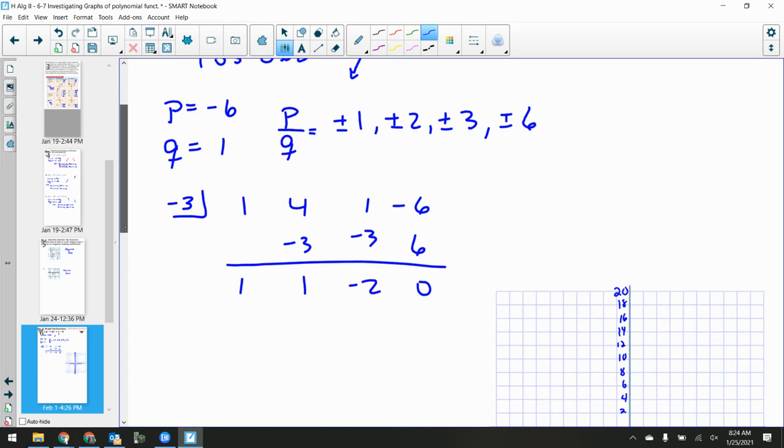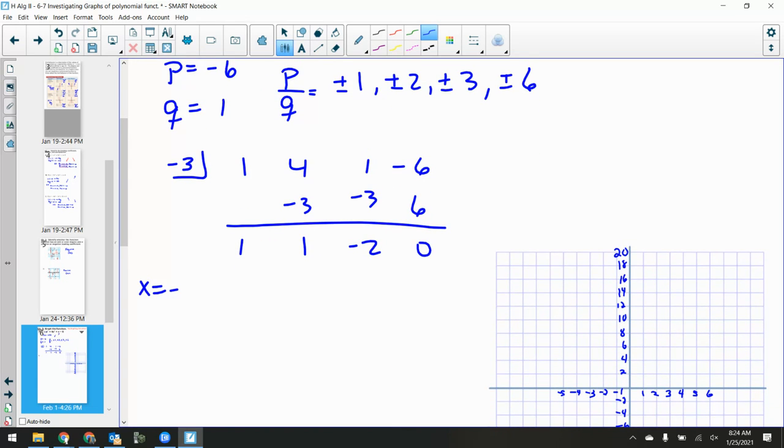So that gives me an x is equal to -3 for one of the roots. And then I've got x squared plus x minus 2. And the nice thing is that factors. x plus 2, x minus 1. So x is equal to -2, x is equal to positive 1.